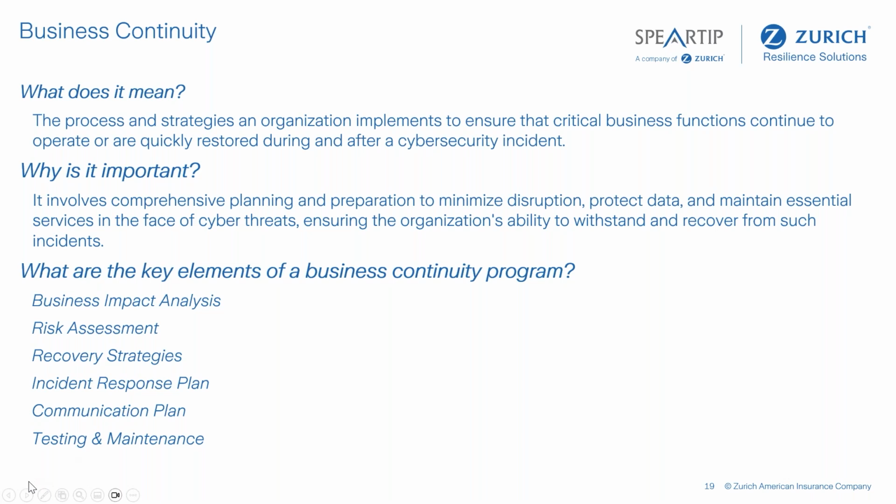It being down on the 16th may not have the same level of impact. It's a problem, but it's not going to be as harmful as on the 15th, because employees get really upset if you don't pay them. Right after payroll has run, you may have a little more grace period to fix it than if it's delaying getting paid. That's where the business impact analysis comes in really handy.